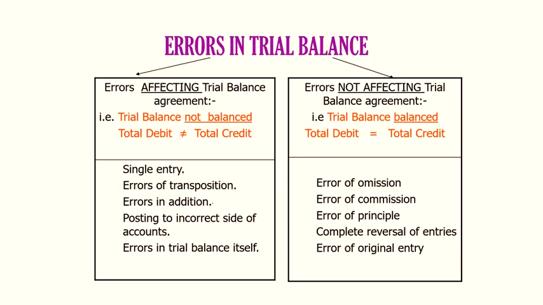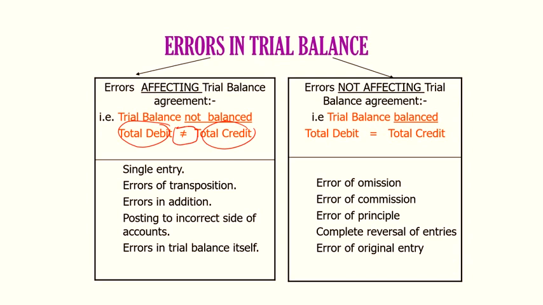So now kita akan take a look at the errors in trial balance. So errors in trial balance ni kita akan belajar two type of errors. There are errors affecting the trial balance, and second is the errors not affecting the trial balance. Okay, so maksud error affecting ni, maksudnya you punya trial balance tu total debit and total credit is not the same.